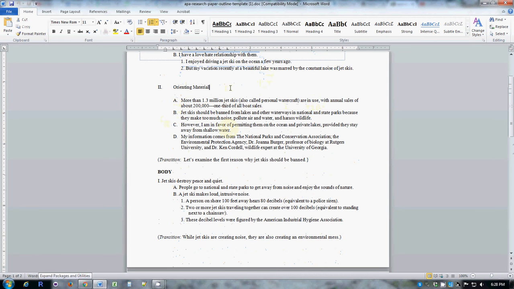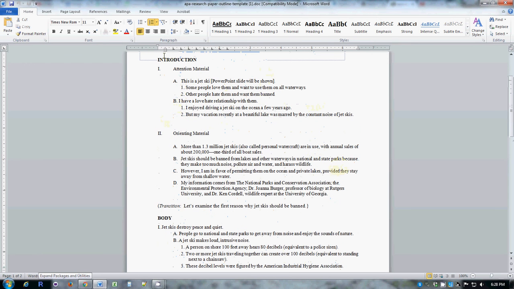Orienting material in scientific writing is often called background material. Sometimes in a scientific paper, the attention material is the introduction, and this gets split out as a separate chunk or a separate section.